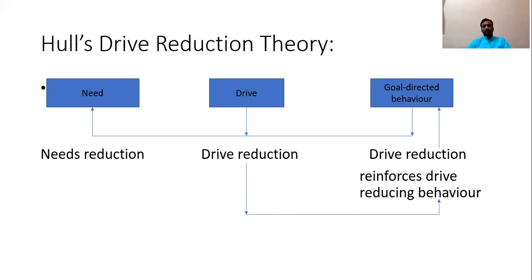Taking these three components, he explains how needs are reduced, what a drive is and how drive reduction works, and how goal-oriented drive reduction leads to reinforcement of drive-reducing behavior. With these three components, he explains the concepts of motivation and learning.